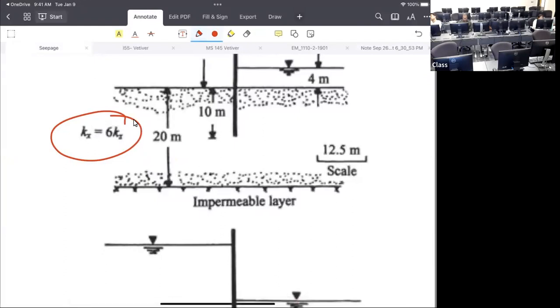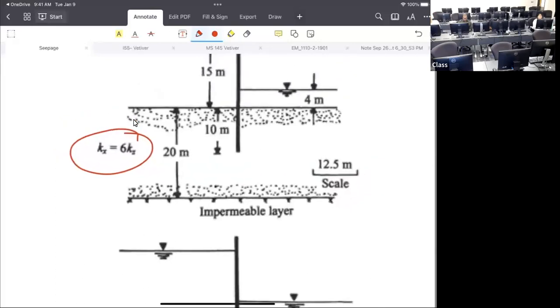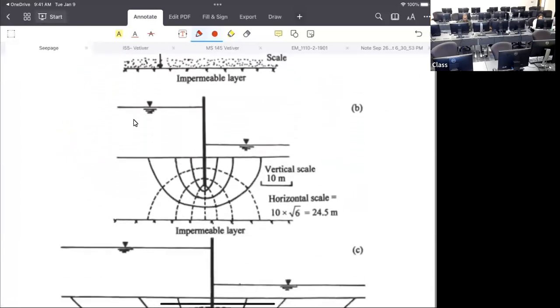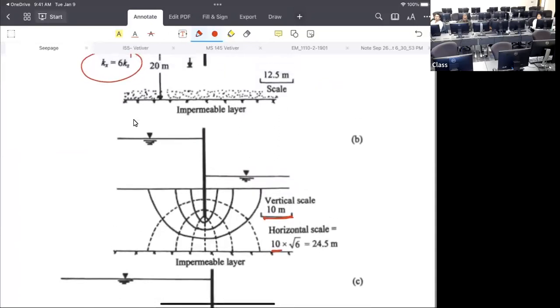So your factor for anisotropy is 6. You need to adjust your scale. Right here, your vertical scale is 10, and your horizontal scale is 24.5, which is 10 multiplied by the square root.